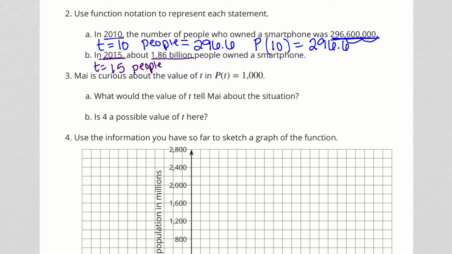We need to be in millions, not billions. So we need to move the decimal place over 3 places. So we are going to have 1,860 million people. So what's my equation going to be here?